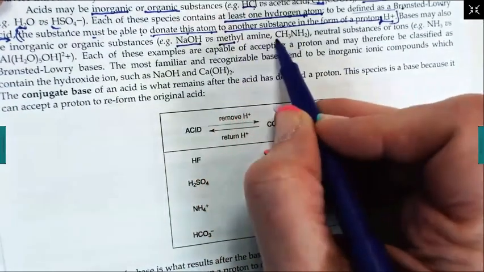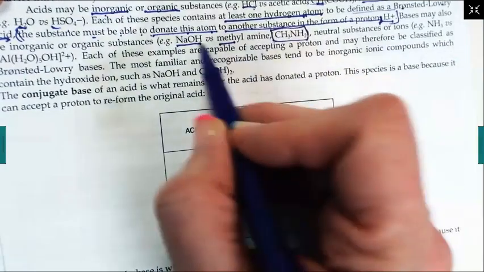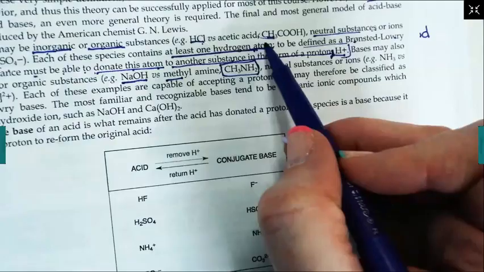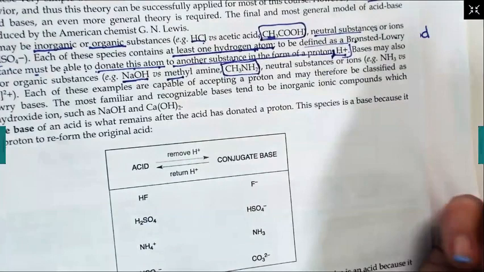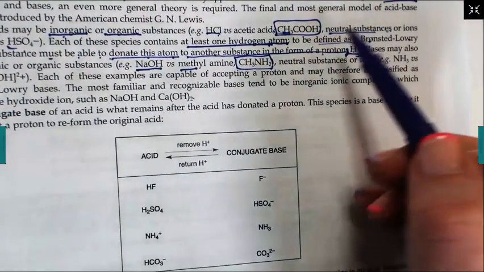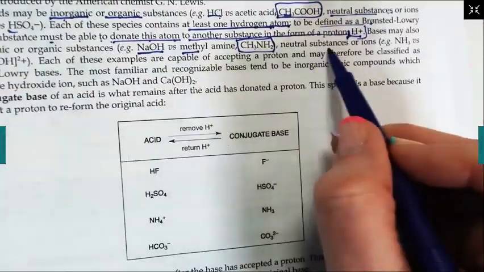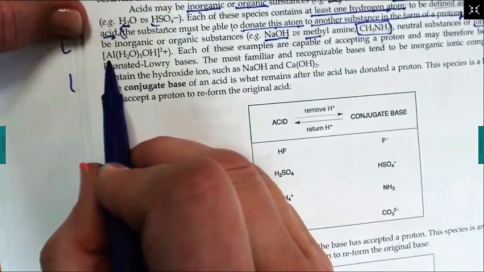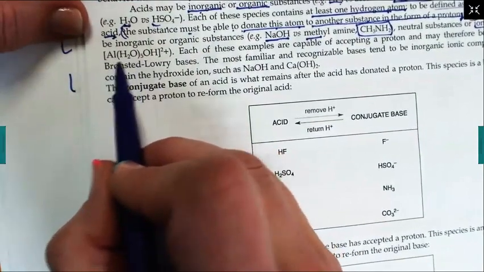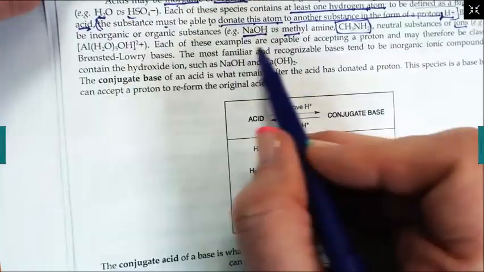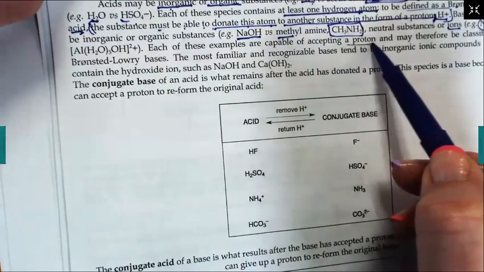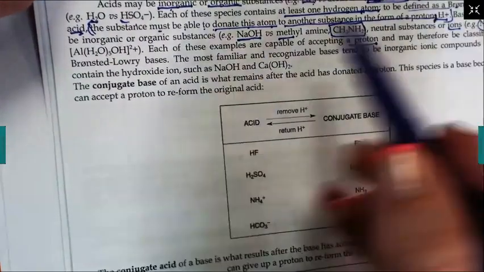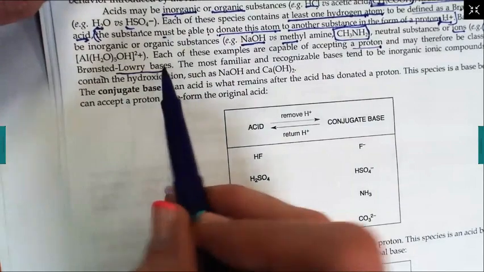So methylamine is organic, this is inorganic. Think of organic as carbon-based chemistry. Can be a neutral substance, again look at ammonia, or ions. Here we got a crazy ion right there. Each of these are capable of accepting a proton and may therefore be classified as Bronsted-Lowry bases.